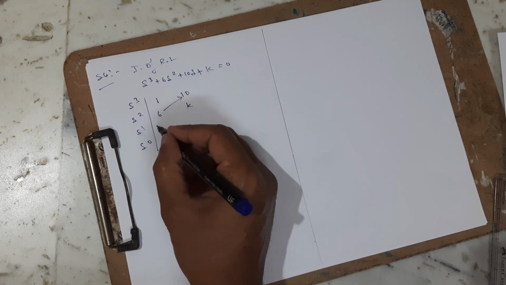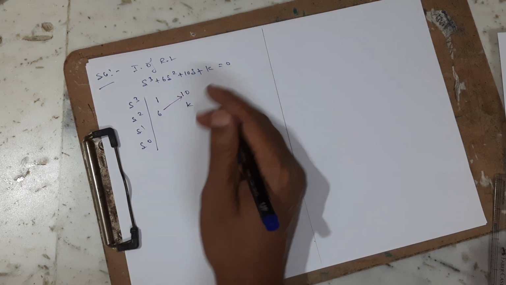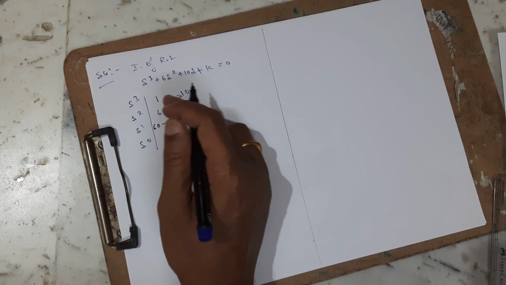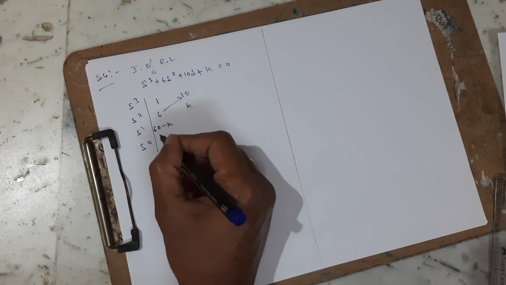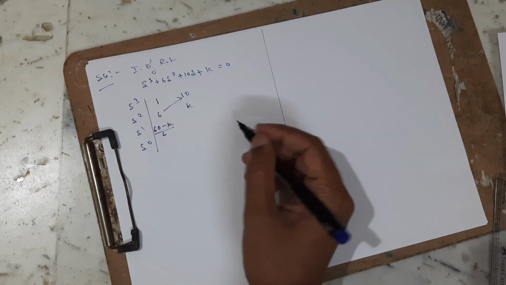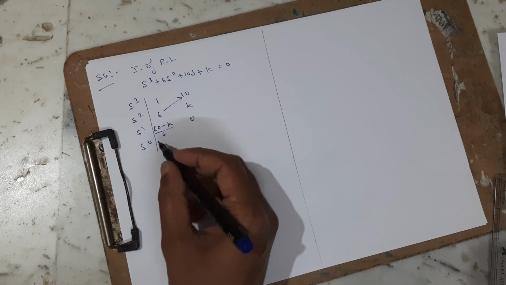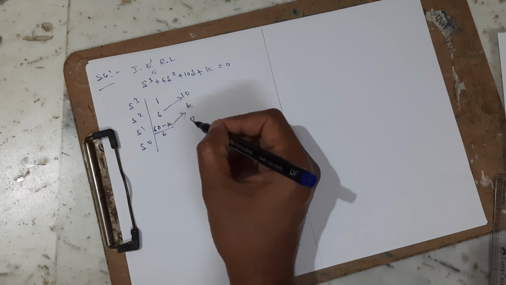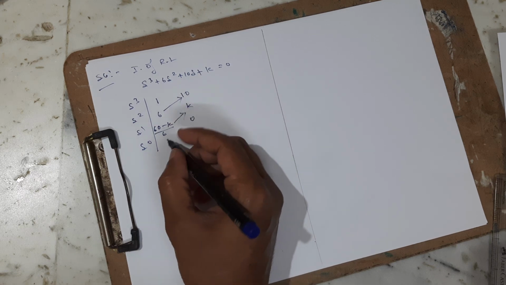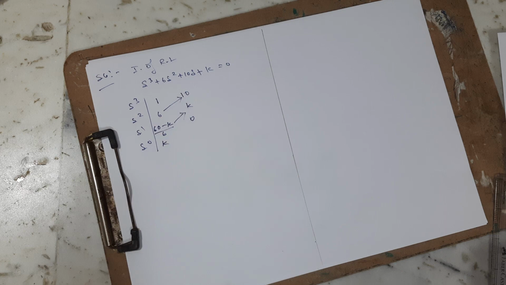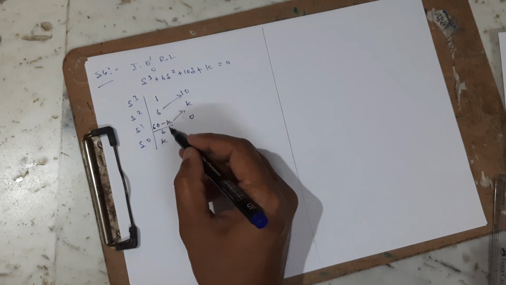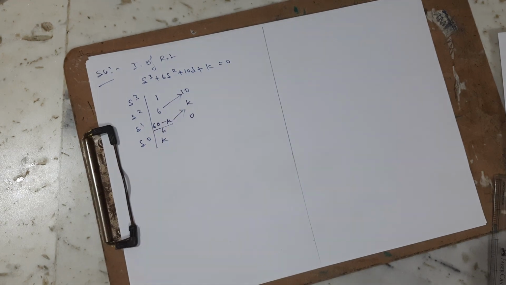So I am going to find the next row with the help of these two rows: 6 into 10, that is 60, minus k into 1, that is k, divided by the first element of the previous row, that is 6, and this will be 0. In the same way, using these two rows, this into this minus this into this divided by this, I arrive at k. For this to be stable, this value must be positive and this value must be positive.